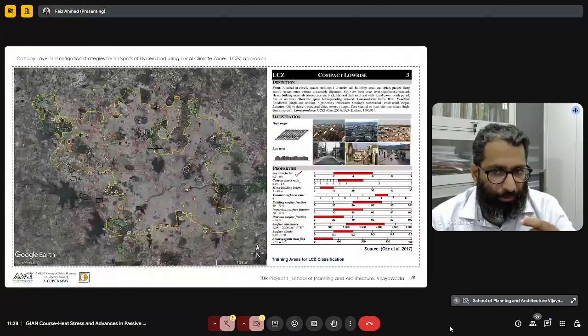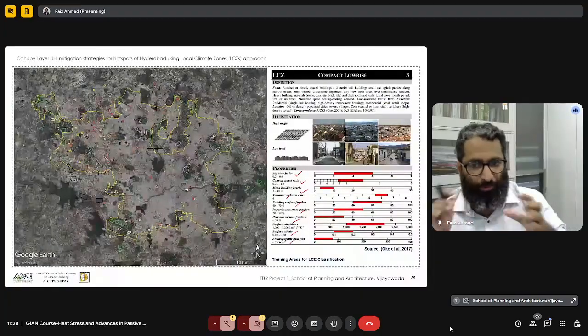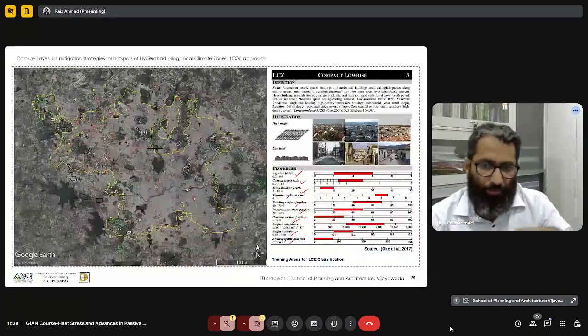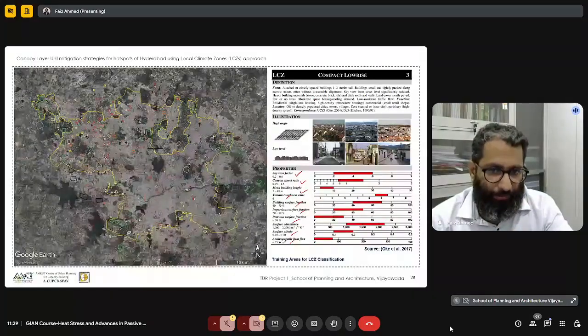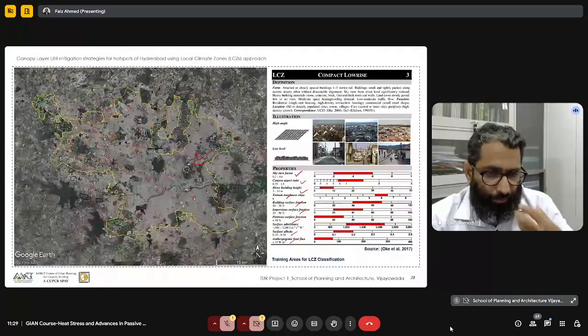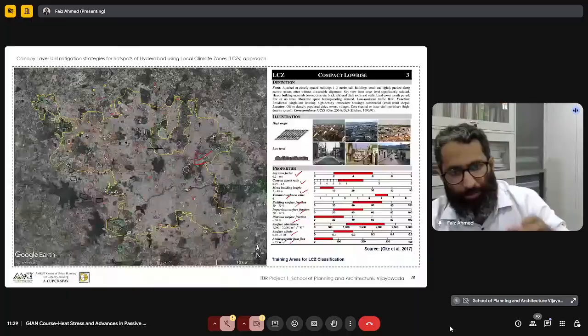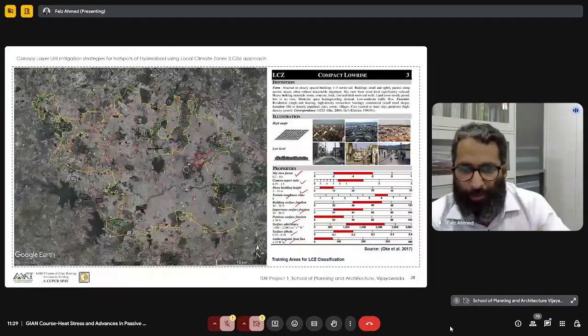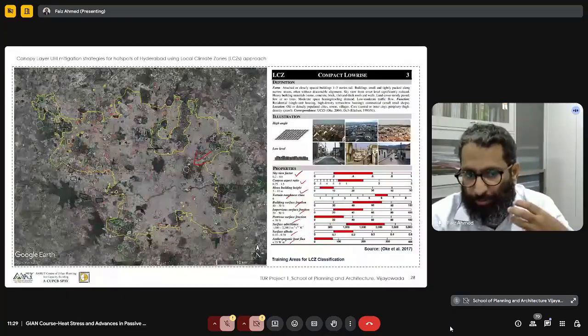It takes into account sky view factor, canyon street aspect ratio, mean building height, terrain roughness, building surface fraction, impervious area, pervious area, surface albedo, and also anthropogenic heat. When we divide the city into local climate zones using these variables, we'll be able to understand the city in terms of microclimate formation, and probably come out with strategies that may work appropriately for that.